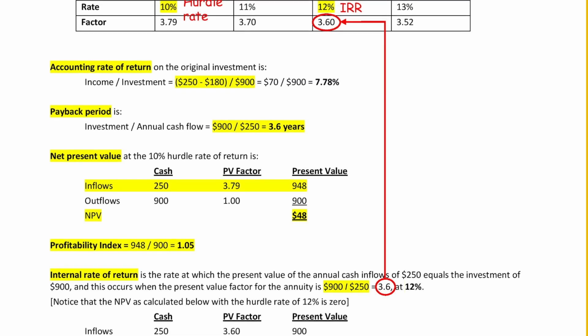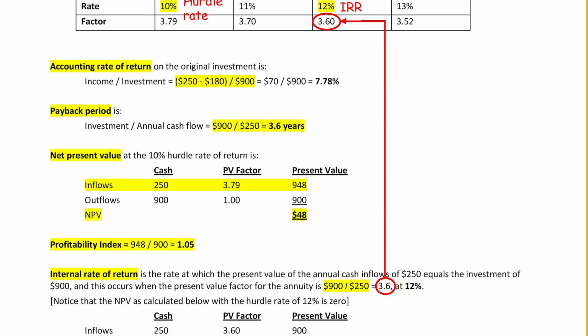So once again, internal rate of return, that's the rate at which the present value of the annual cash inflows of $250 equals the investment of $900. And this occurs when the present value factor for the annuity is 3.6 at, highlight, 12%.